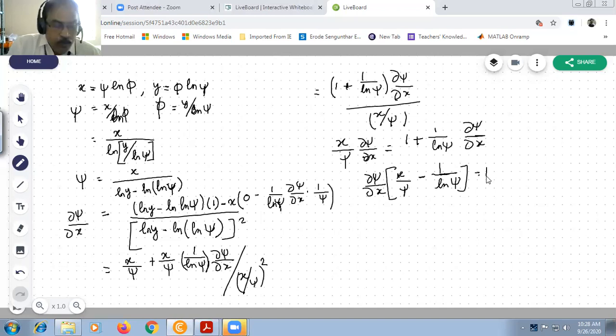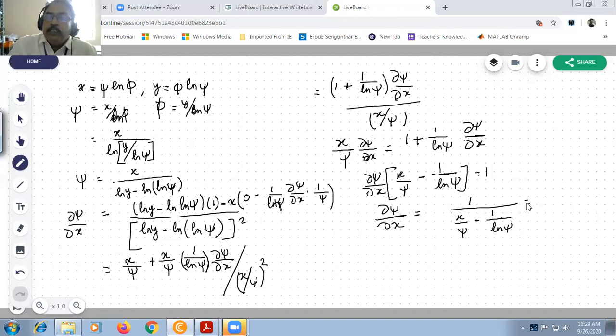So ∂psi/∂x is equal to 1 divided by (x by psi minus 1 by ln psi), right? 1 by ln psi.